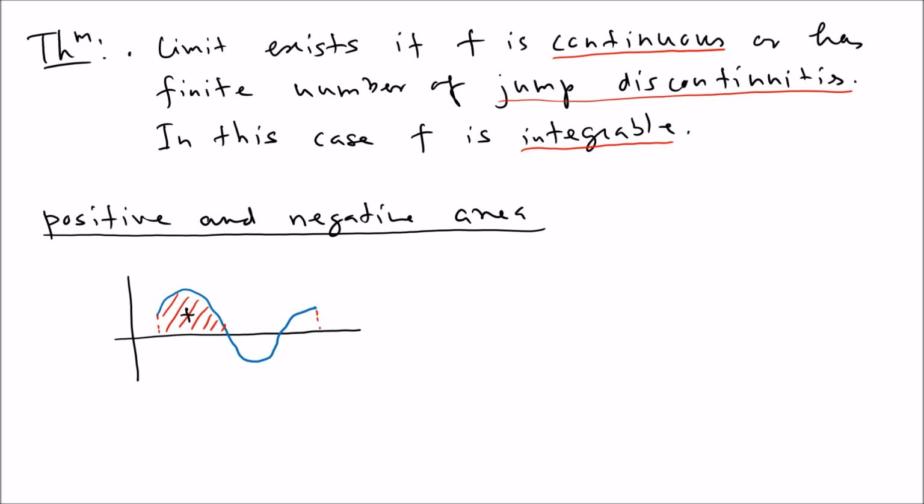So this area gives you a positive value. In the same way, if you try to find the area below, you can see that all these heights are negative. So when you look at the sum, you get negative. And then here, again, you get positive.